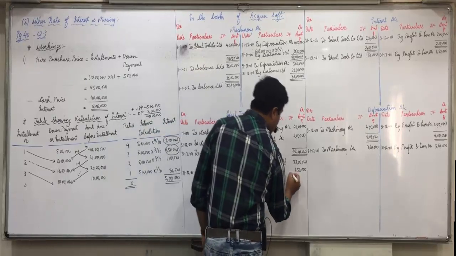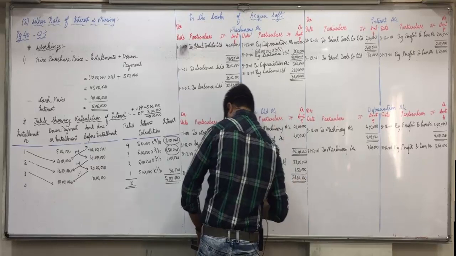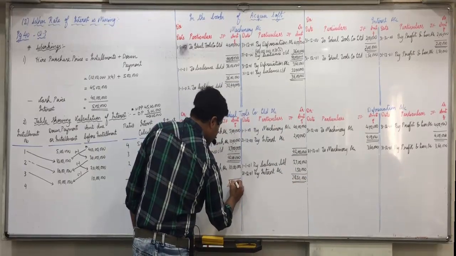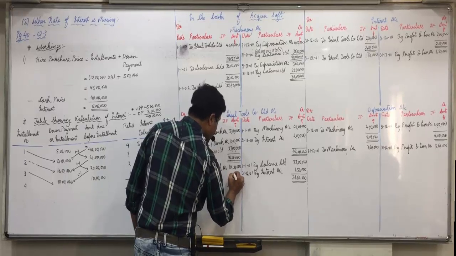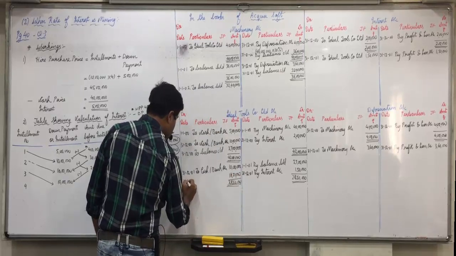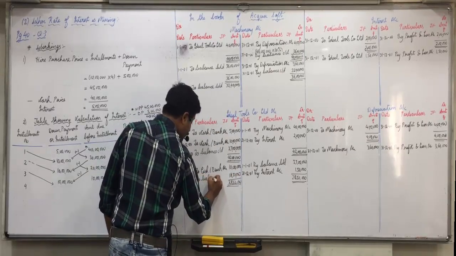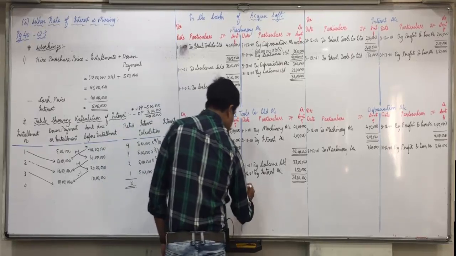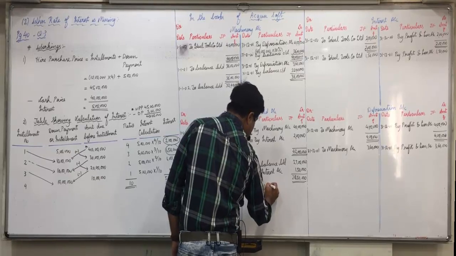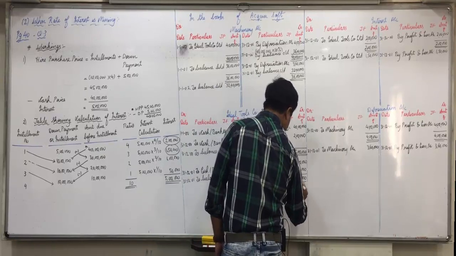Here 28,50,000 minus 10 lakhs, 18,50,000. 31/12/01 to balance carried down. Opposite side, by balance brought down, 18,50,000.